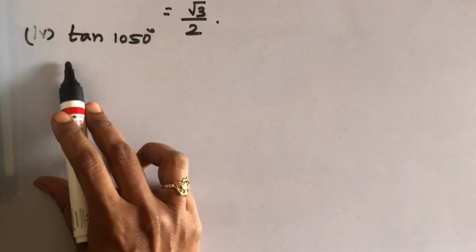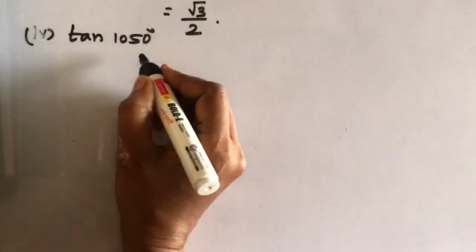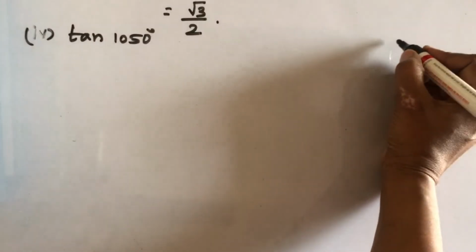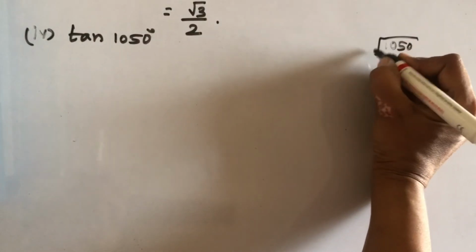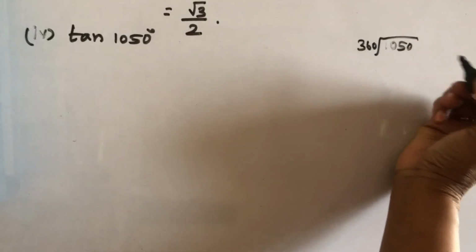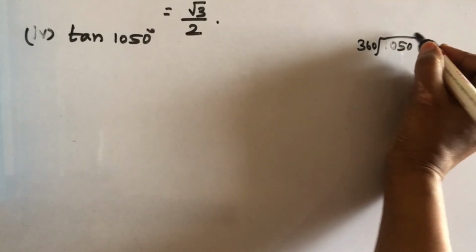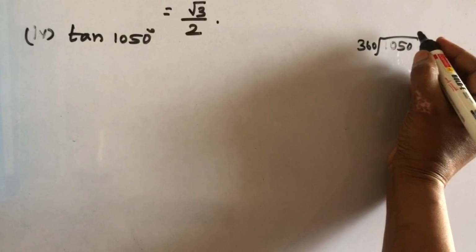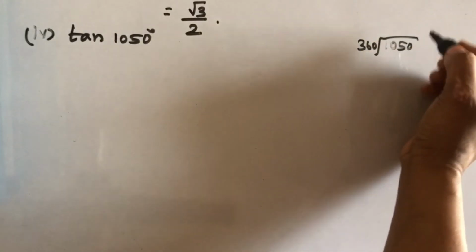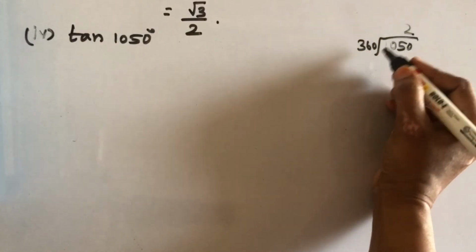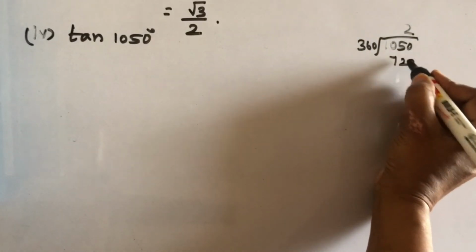Now, the fourth one, tan 1050. How am I going to write this? So, 1050, we can divide it by 360. While dividing it, you get 3 times. Okay, 3 times means 1080 will come. So, 2 times 360 is 720.